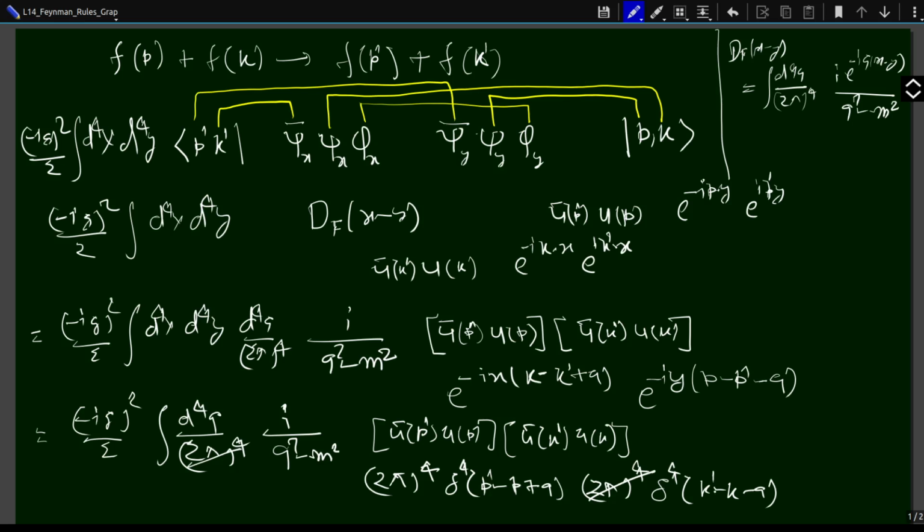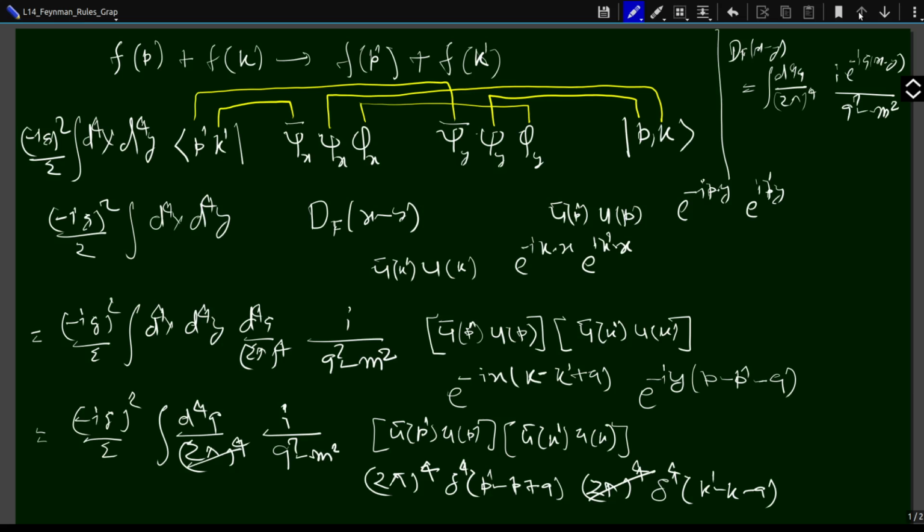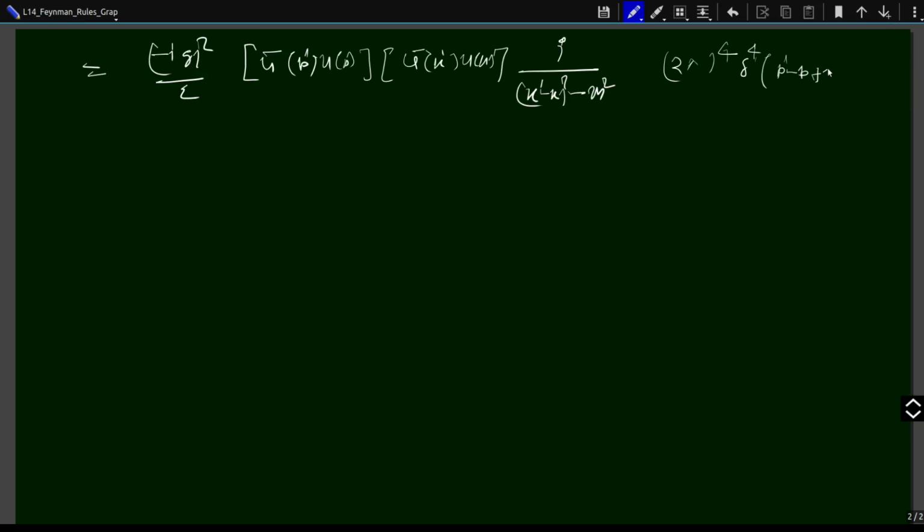I use this second delta function to integrate out, and then I put that value in the first delta function, which is 2 pi power 4 delta 4 (p prime minus p plus q), and q has become k prime minus k. Okay, so this is my expression of the S matrix element.